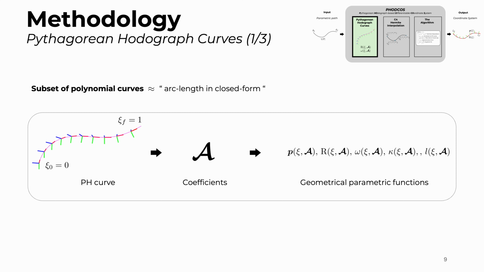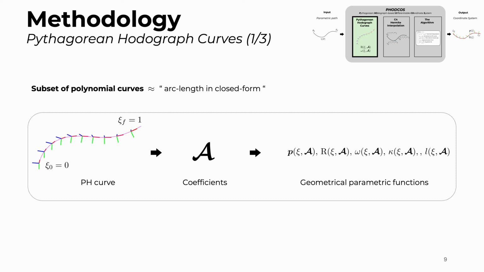Putting it in a nutshell, a PH curve is fully defined by a set of coefficients, and once we've got these coefficients, not only can we rebuild the PH curve, but we can also obtain the polynomial expressions that define multiple geometric properties. Among these are the position, the moving frame, the angular velocity, the curvature, the torsion, the arc length, and many others.